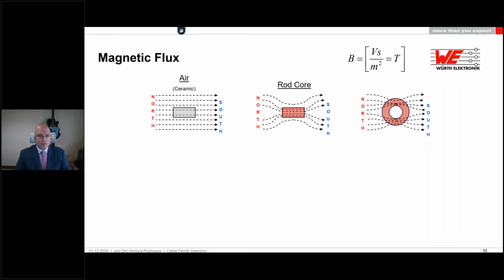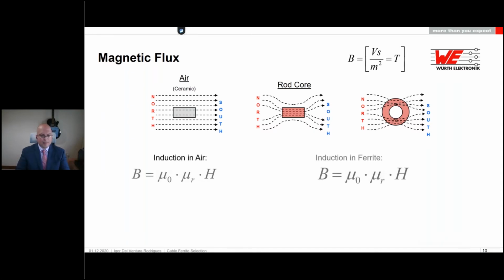Instead, non-ferromagnetic materials such as air, ceramic, a piece of plastic, a piece of glass will be literally transparent materials for your magnetic field. Okay, so the ferromagnetic material will present an easier path for your magnetic field lines.